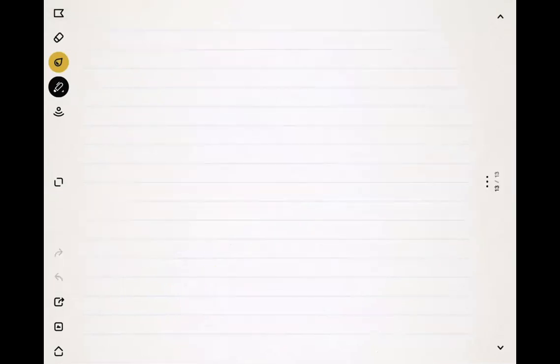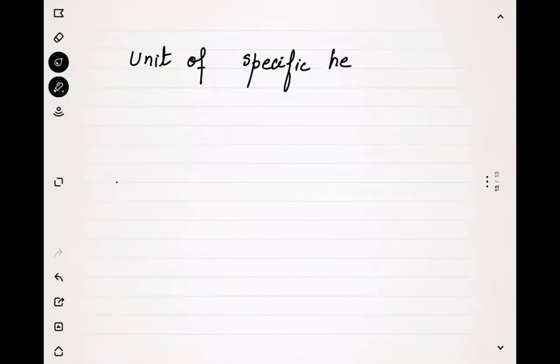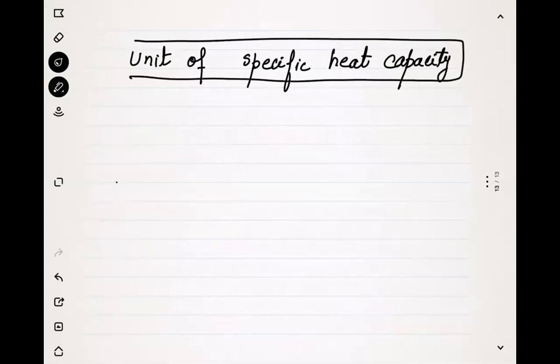Now let's write the unit of specific heat capacity. According to the given formula, we can write its unit. The formula is heat equals mass into specific heat capacity into change of temperature. This formula will return the units.